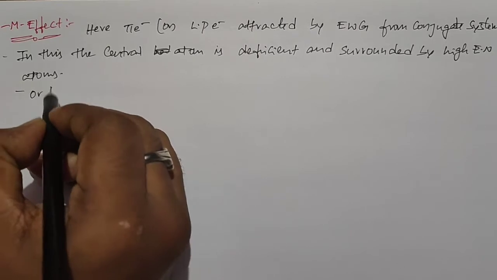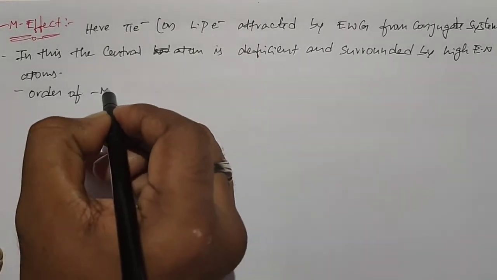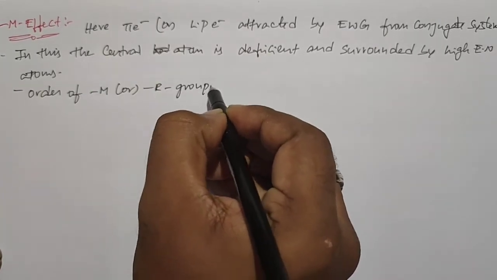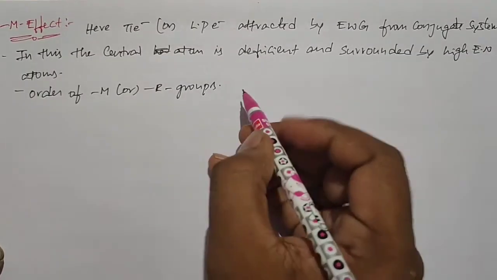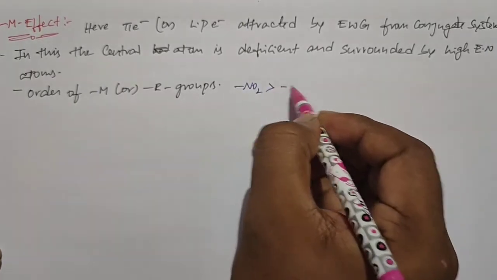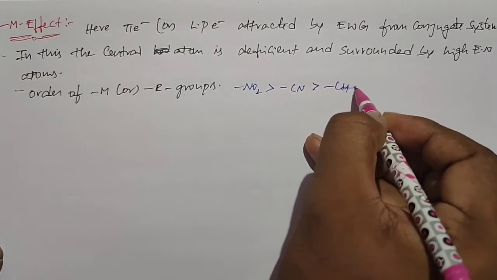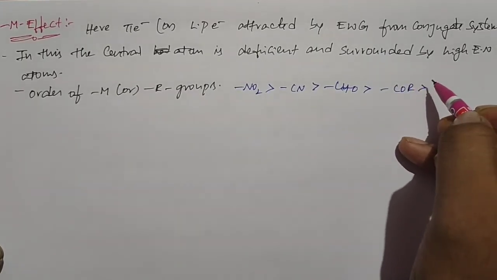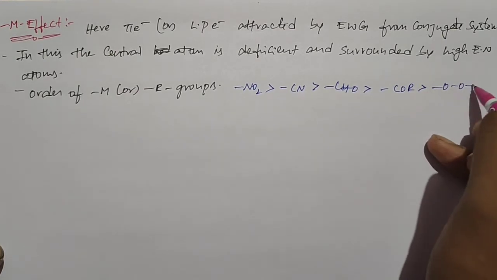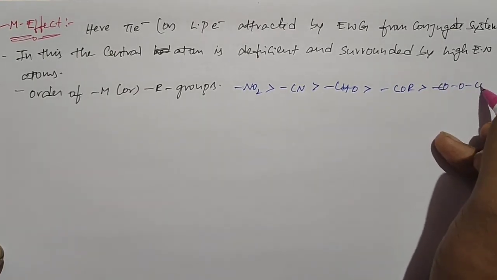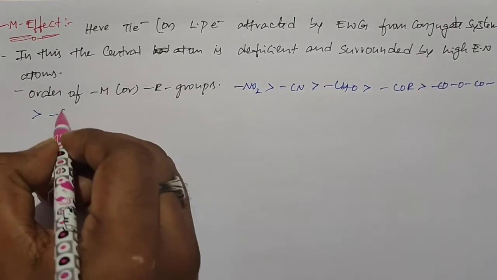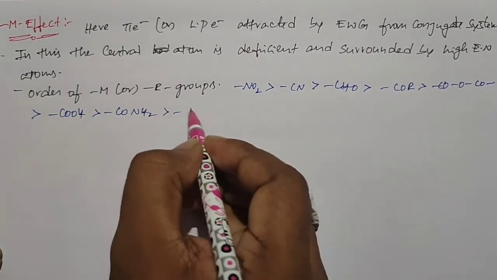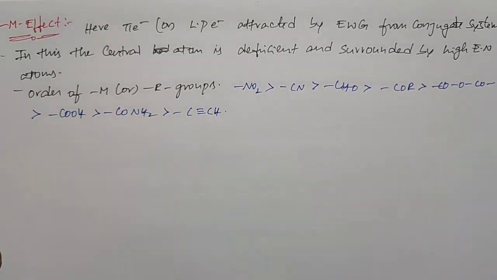So the order of minus M or minus R groups: the highest power is for nitro, after that cyano, after that aldehyde, after that ketones, after that anhydride, after that carboxylic acid, after that amides, and after that triple bond.